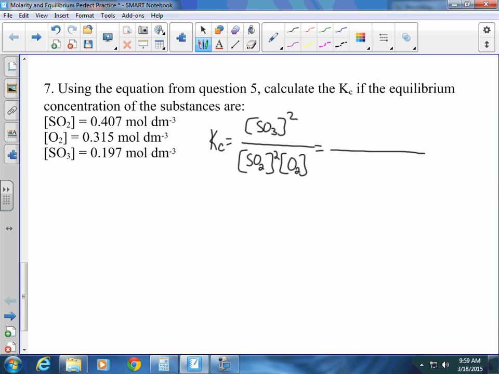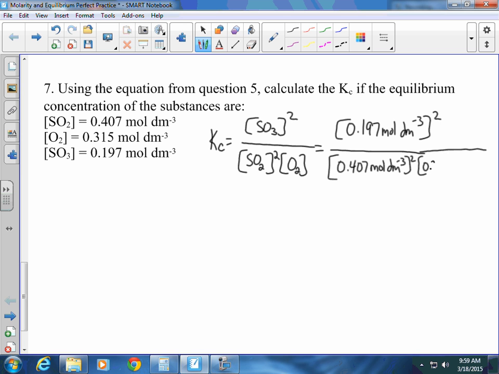Again, I'm going to put in the numbers. 0.197 moles per decimeter cubed, squared, divided by 0.407 moles per decimeter cubed, squared, times 0.315 moles per decimeter cubed.